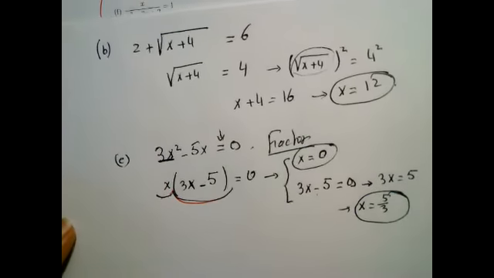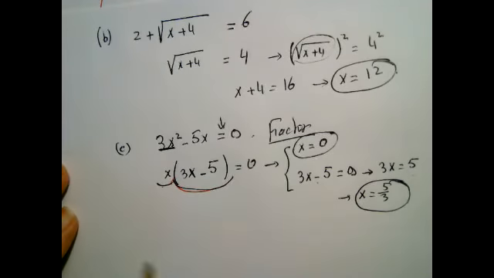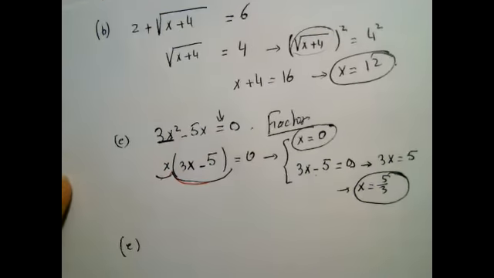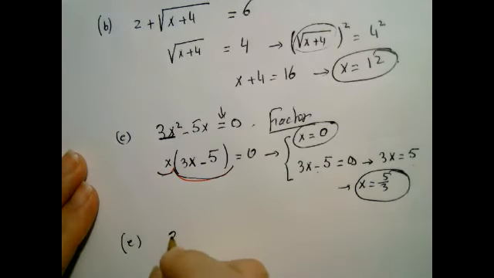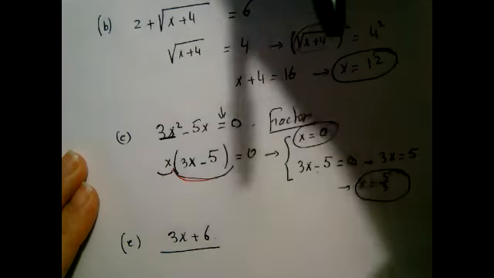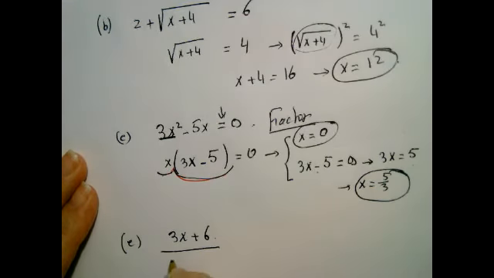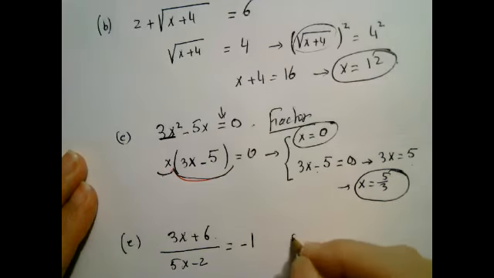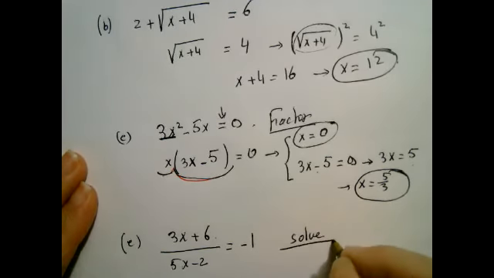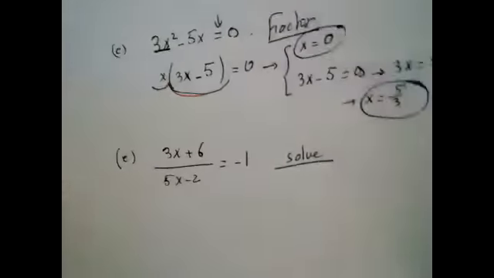Okay. Now D, I think I've done a lot of those. Let me do E and F. E, again, I did this before, but it's something over 5x minus 2, and this is equal to minus 1, and we have to solve. Okay.